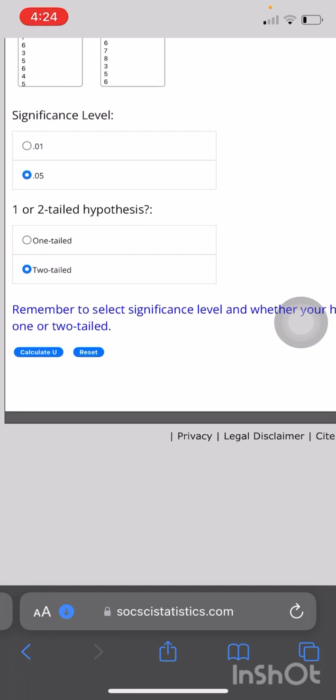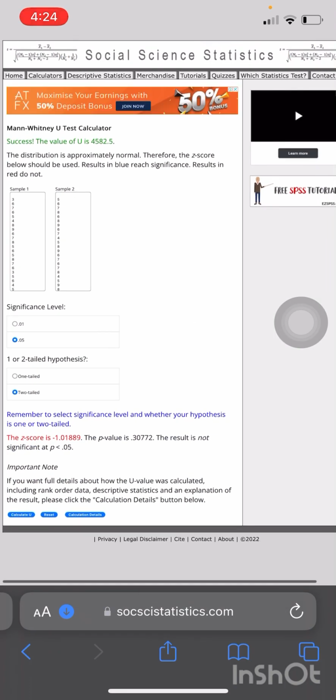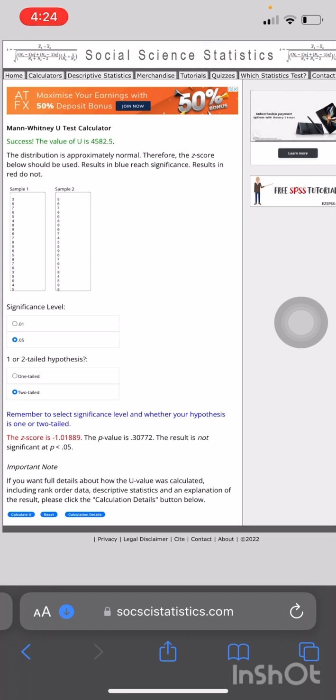So, we calculate this U. The Mann-Whitney U test calculator was a success. The p-value is 0.30772. The result is not significant at p less than 0.05.